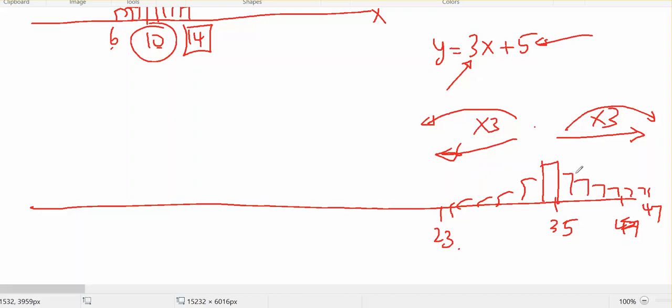Any questions about this? Are you happy that 3 produces a dilation, but the 5 produces a translation? That is, the 5 just moved everything 5 units to the right.